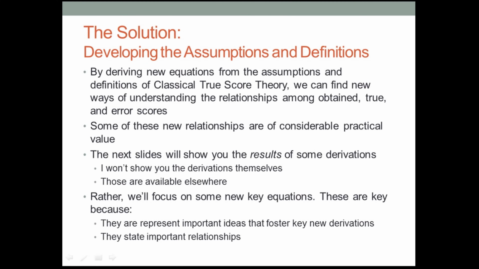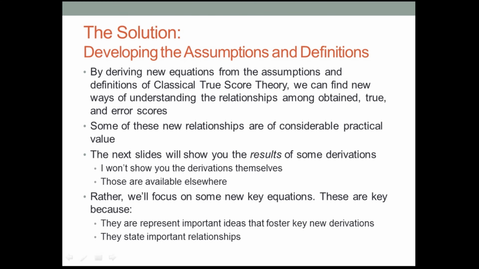I won't show you the derivations themselves, although I will comment on a derivation or two here and there. Those are available elsewhere. They're available in any number of textbooks. Rather, I'm going to focus on the ideas behind these, because they represent important ideas that help us understand how classical test theory looks at tests.